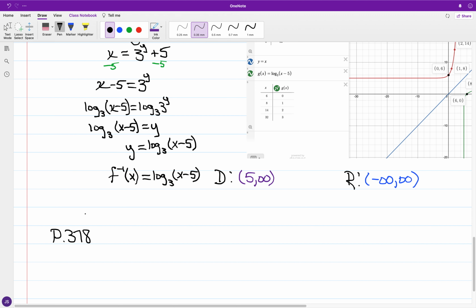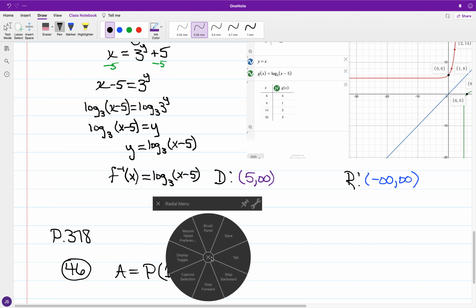So on page 378, we have number 46. We're working with the future value compound interest formula, where we have P times the quantity of 1 plus r over n raised to the n times t power.